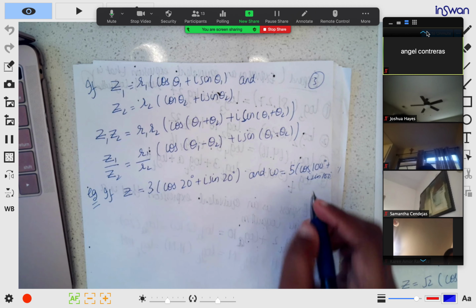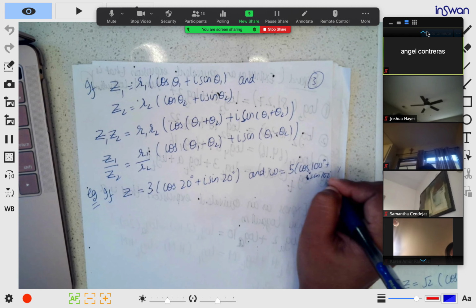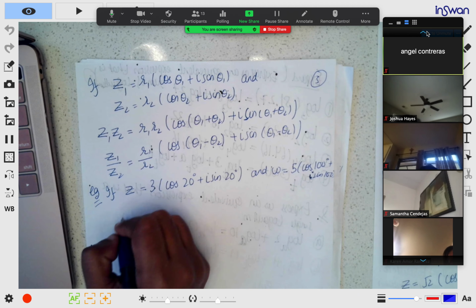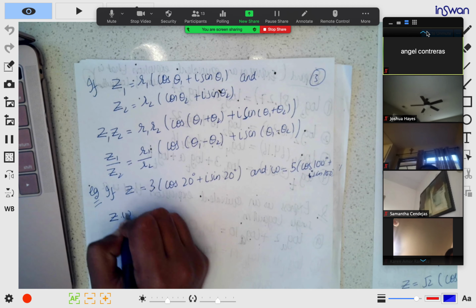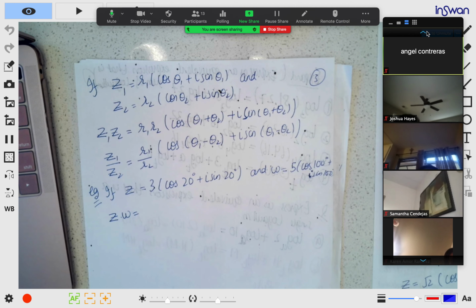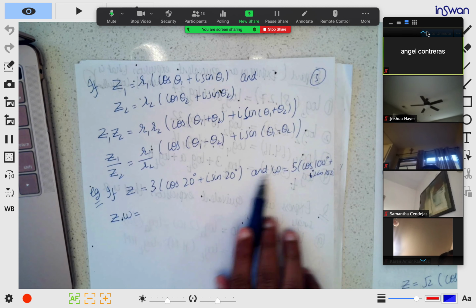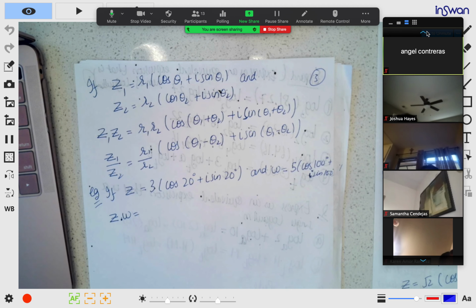What I need to find is z times w. Yes, I'm given two complex numbers in polar forms. I need to find z times w. Can you help me multiply?